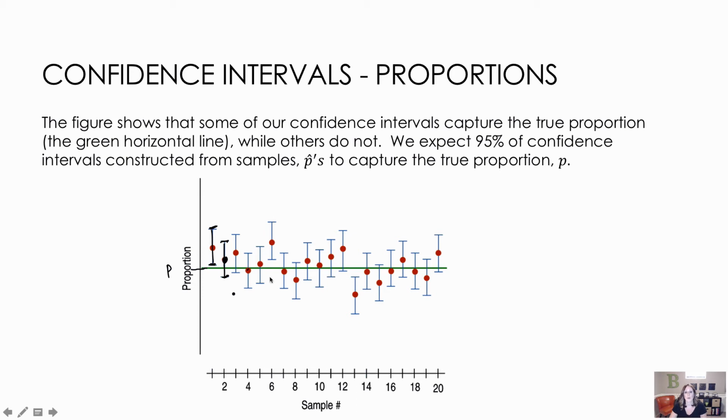What we're saying is, this is an unknown, we don't know P, but we're 95% confident that when we create a confidence interval, the actual P is going to be in that interval.